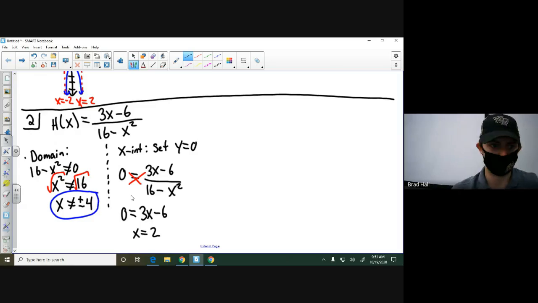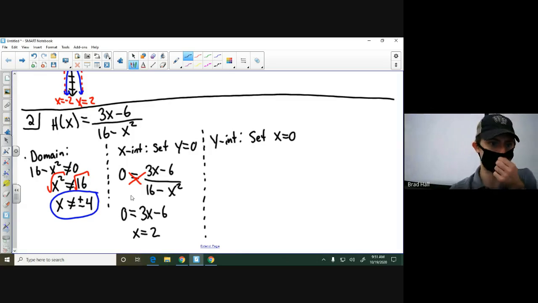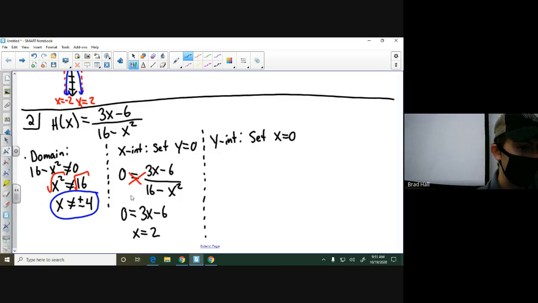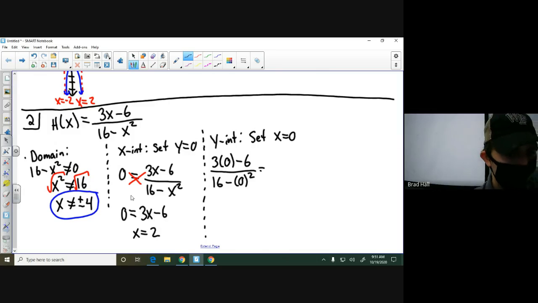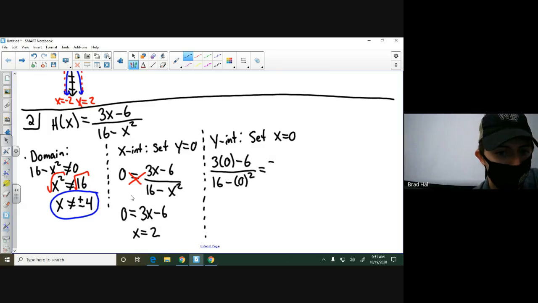We get that x is 2. So we have the x-intercept. We can also go ahead and find the y-intercept by setting x equal to 0. All the x's zero out, and we are left with negative 6 divided by 16, or negative 3 over 8.